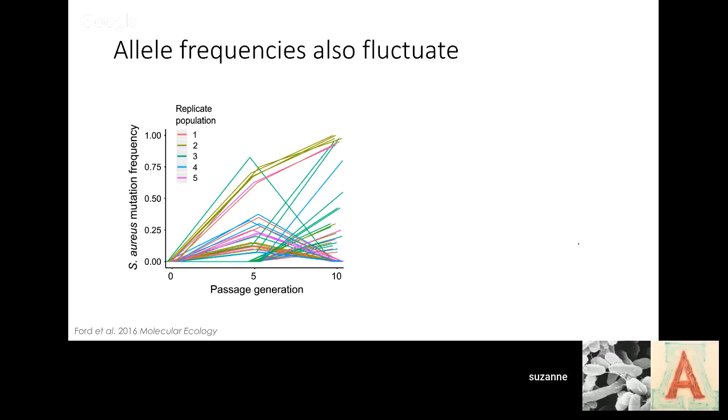There's a number of unknowns with this particular data. It's possible that you can have directional selection acting on some aspects of the genome, whilst you have fluctuating selection acting on other parts.